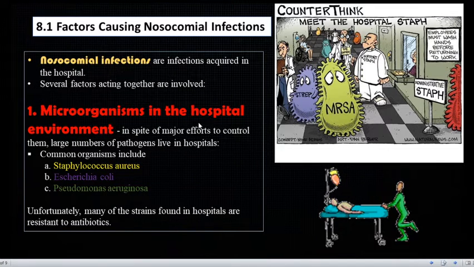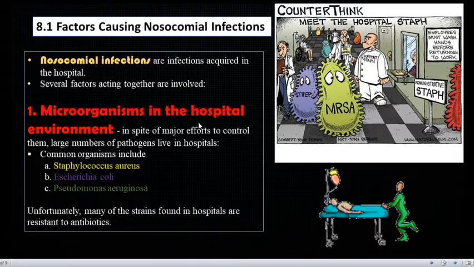Okay, let's talk about nosocomial infections. So when you say nosocomial infection, this is an infection that develops during the course of a hospital stay. Okay? You are getting the infection while you are inside a hospital that was not present at the time the patient was admitted.